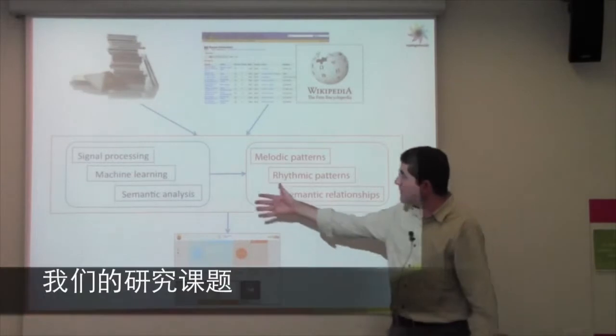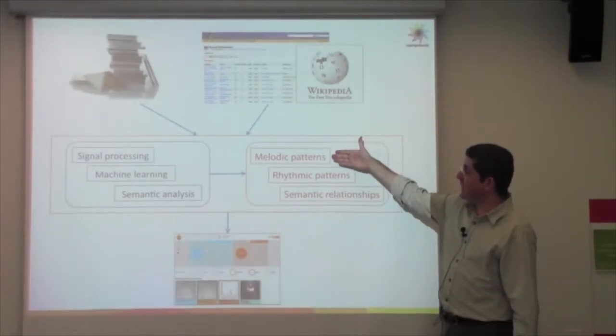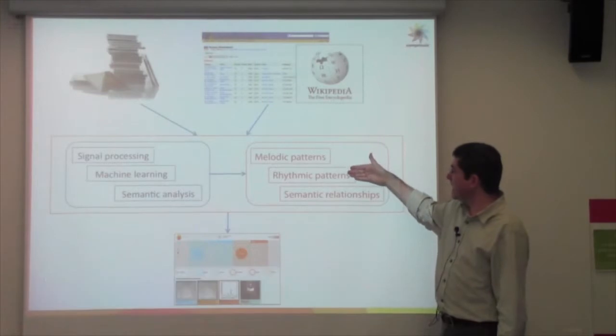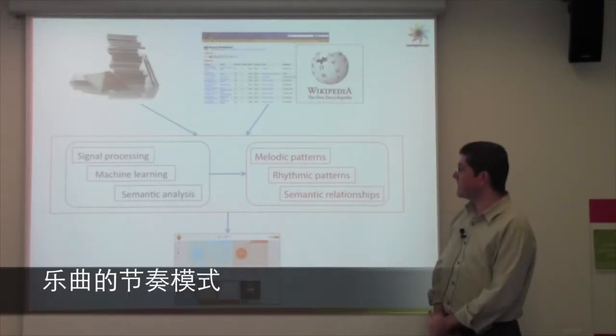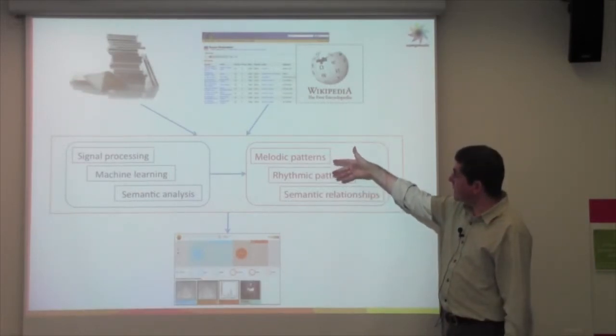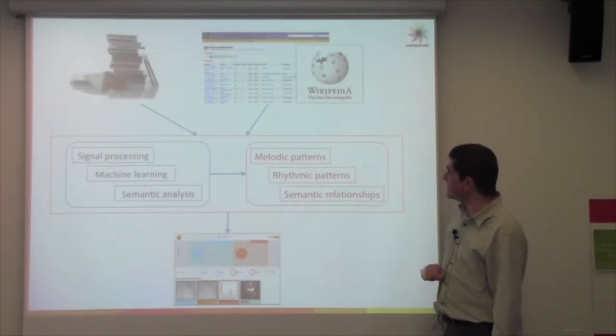And the specific problems that we are working on are these ones. One is understanding melody and understanding the patterns that we can find in a melody. The other is about rhythm and understanding the rhythmic patterns. And this is the part that will be later talked about by Ajay and Sankalp.